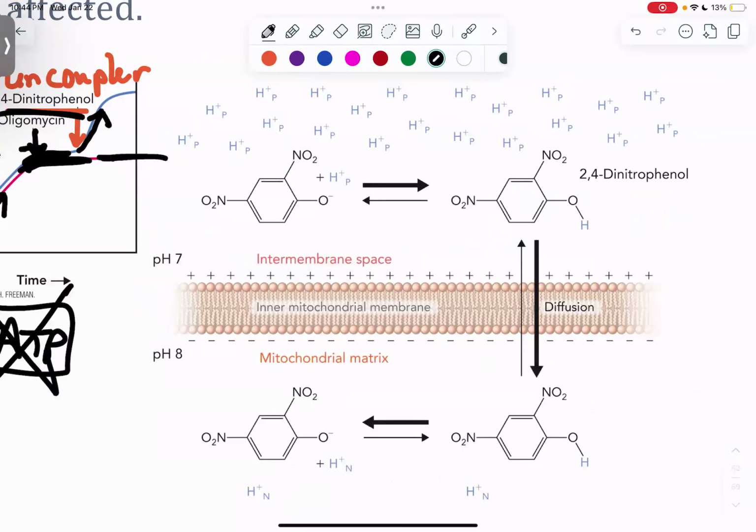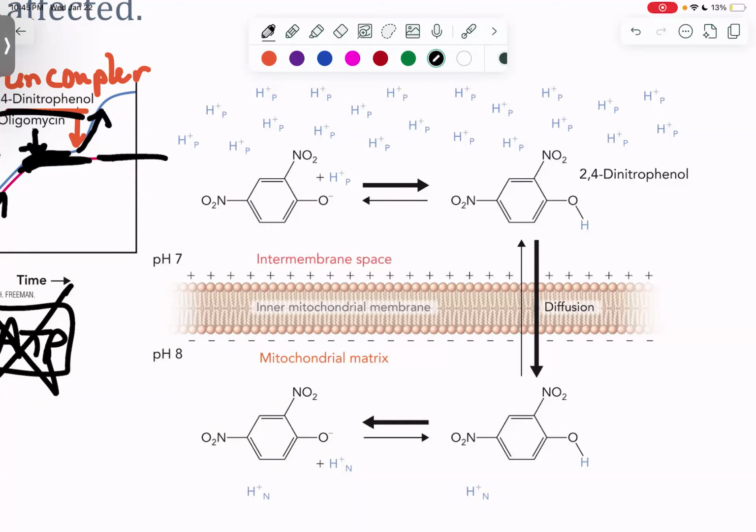So this 2,4-dinitrophenol is kind of interesting. When it originally came on the market, people were like, oh, this is a great diet drug. They thought it was a great diet drug because it can activate fatty acid oxidation. But what they didn't know is that it's also poisonous and it can kill you because it accumulates in cell membranes.